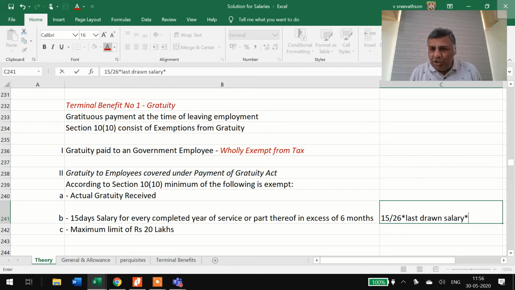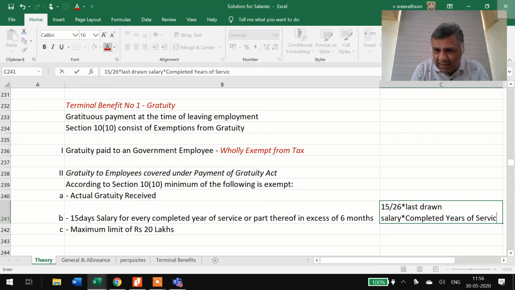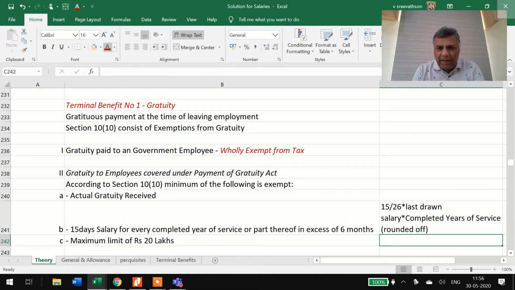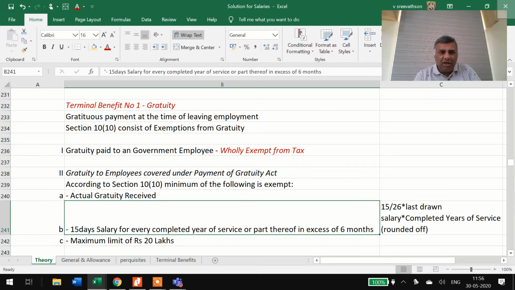Okay, so into last drawn salary, into completed years of service, rounded off.